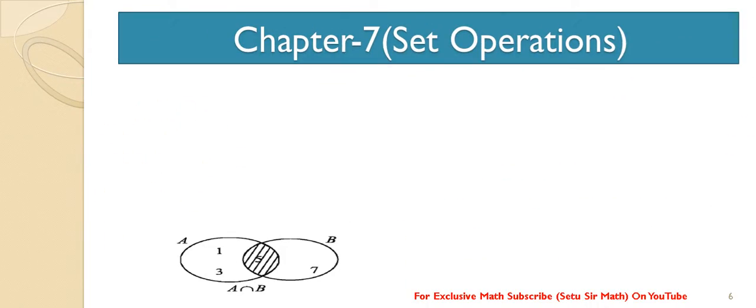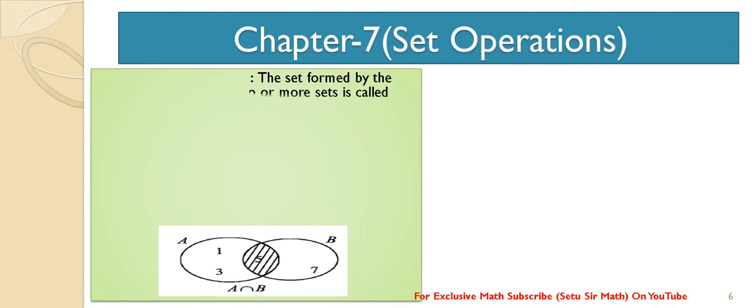So my dear students, chapter 7, set operations. As you can see, intersection of sets. The set formed by the common elements of two or more sets is called the intersection of sets. Just now you have learned the union of sets, where we write down all the elements, and the common elements only once.